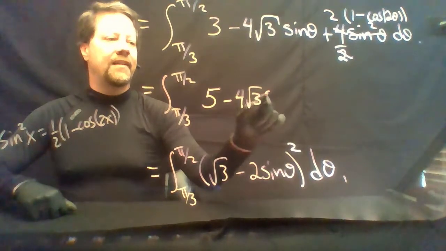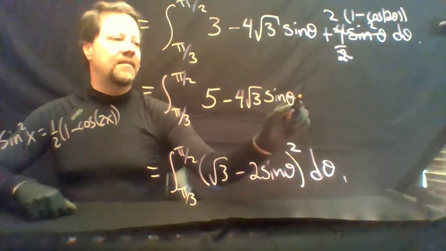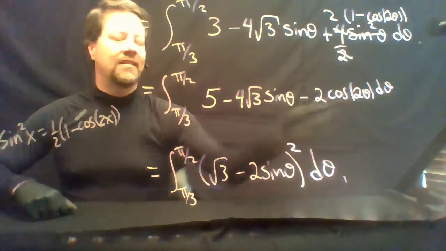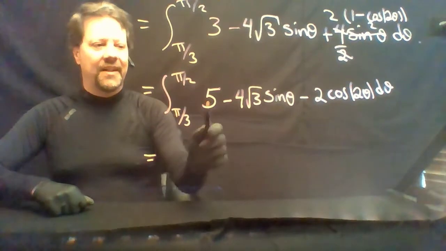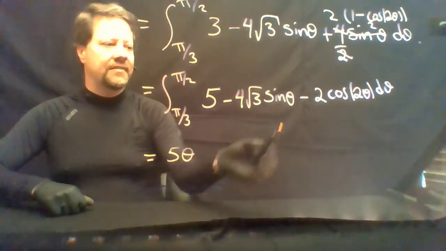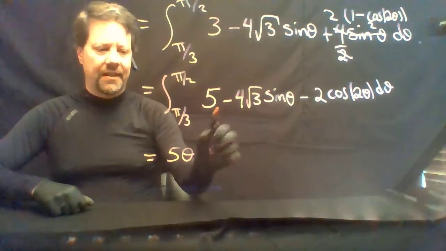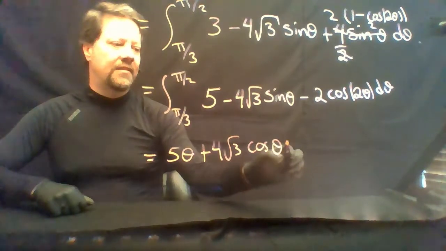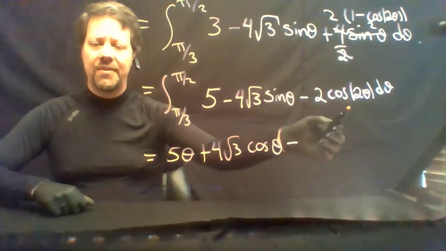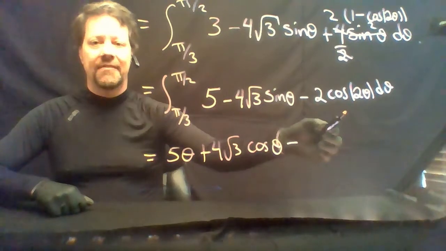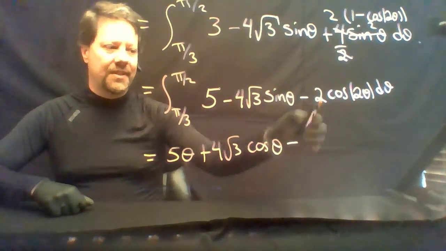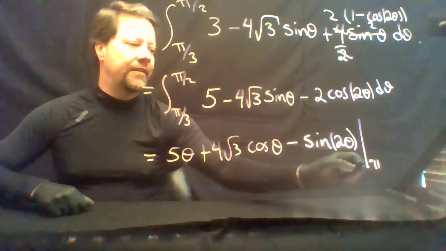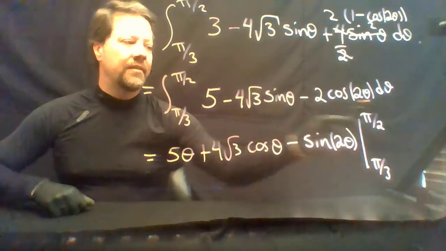Minus 4 root 3 sine theta minus 2 cosine 2 theta d theta. Integrating, we have 5 theta. The integral of sine is negative cosine. We'll get plus 4 root 3 cosine theta minus, when you integrate cosine 2 theta, you get 1/2 sine 2 theta, which cancels this 2. We'll end up with the sine of 2 theta, evaluated from pi over 3 to pi over 2.